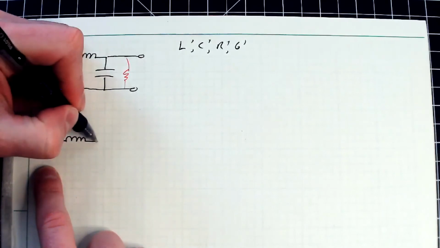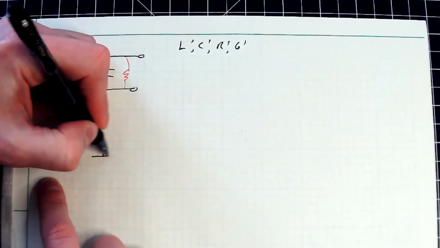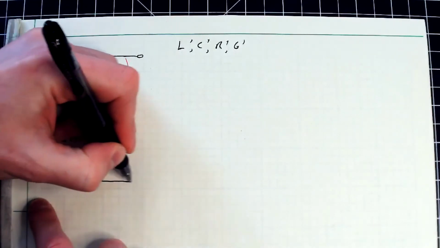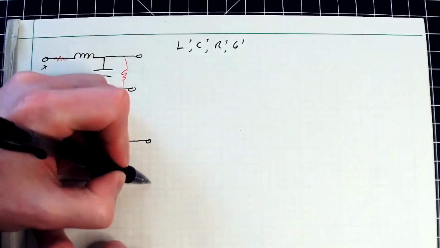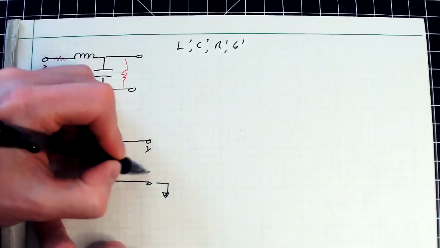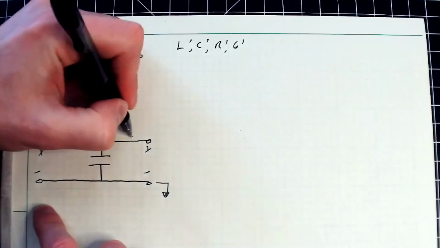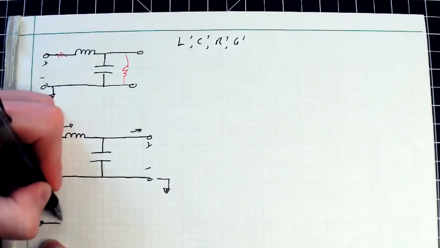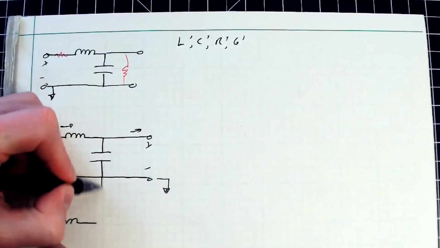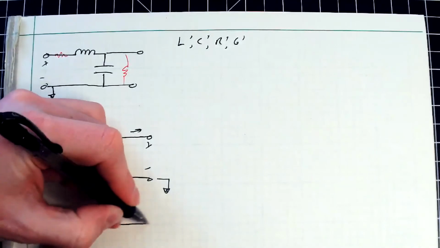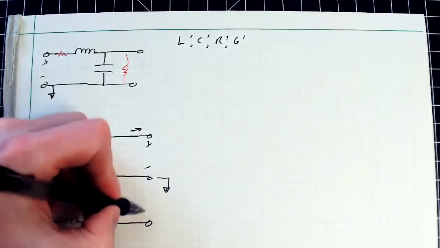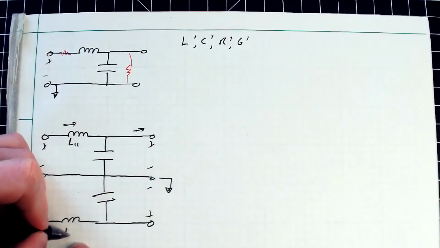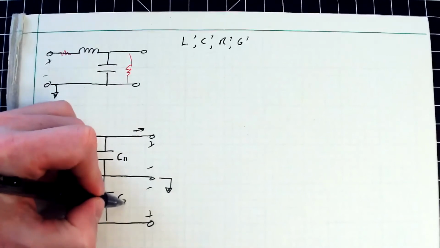So here's my inductor, here's my capacitor. I'll pretend this is my reference line here. So those are plus, minus, plus, minus, with a current here and a current here and so on. What if there's just another transmission line here doing its own thing? Okay, so there's a voltage here. We would call that L11, L22, C11, C22.